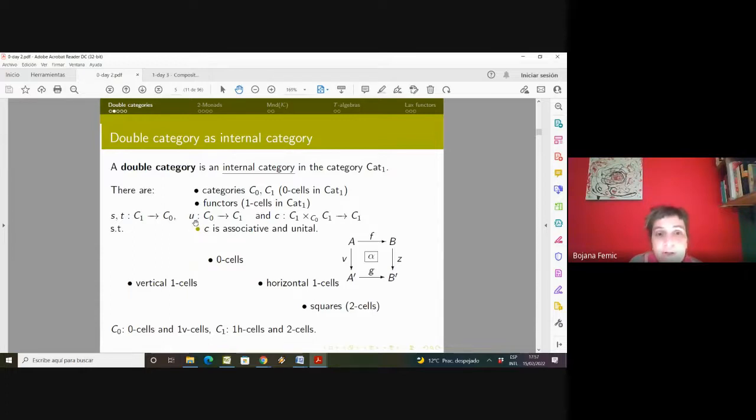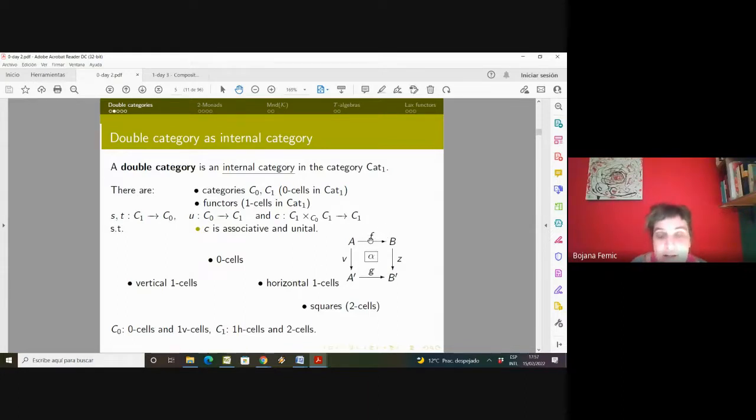Now the identity functor U goes from C0, so from 0 cells which are vertices in the square, and morphisms, vertical one cells. To an object A, it gives the identity horizontal one cell.